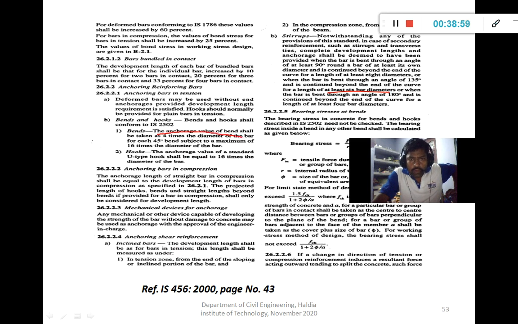The anchorage value of the bend shall be taken as 4 times the diameter of the bar for each 45 degree bend. So all the guidelines and provisions are given in the code. We are just following the codal guideline to design the members, and anchorings are made.